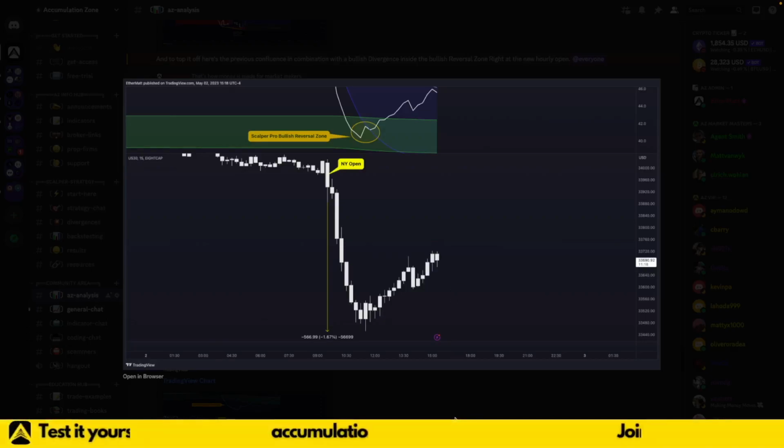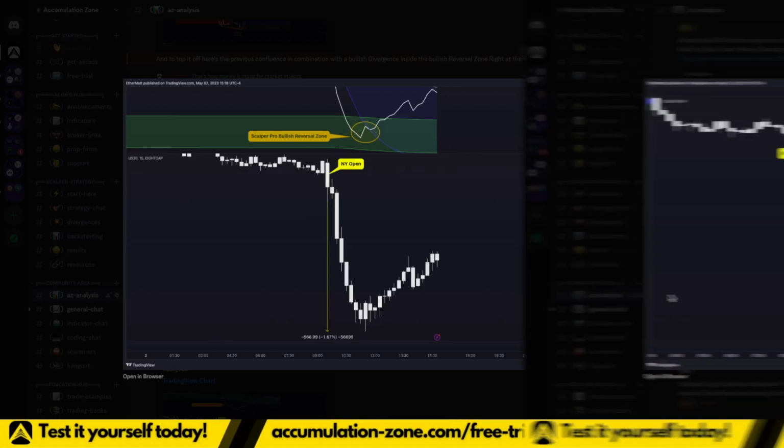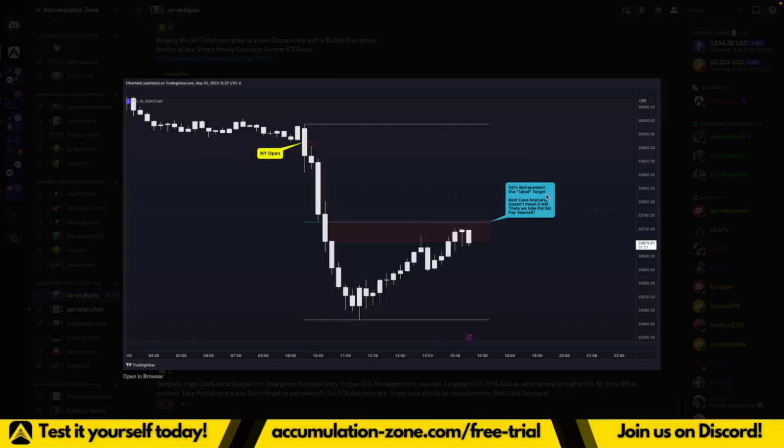This does not mean that I do not take partials along the way, because I want to make sure that I'm actually getting paid, and not only getting paid if my ideal, best case scenario take profit target is being hit. Right here we have the example of how I would define my ideal take profit target.